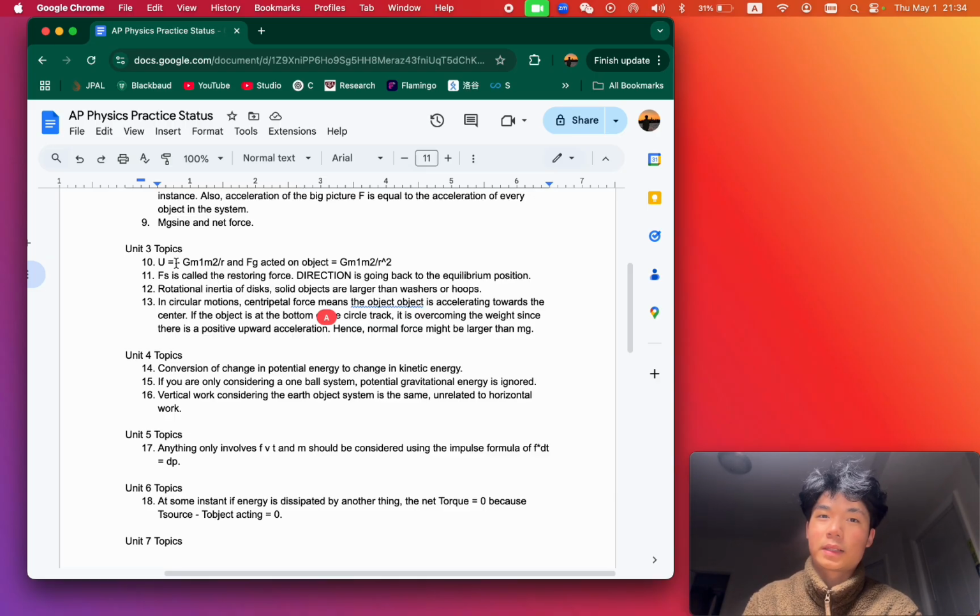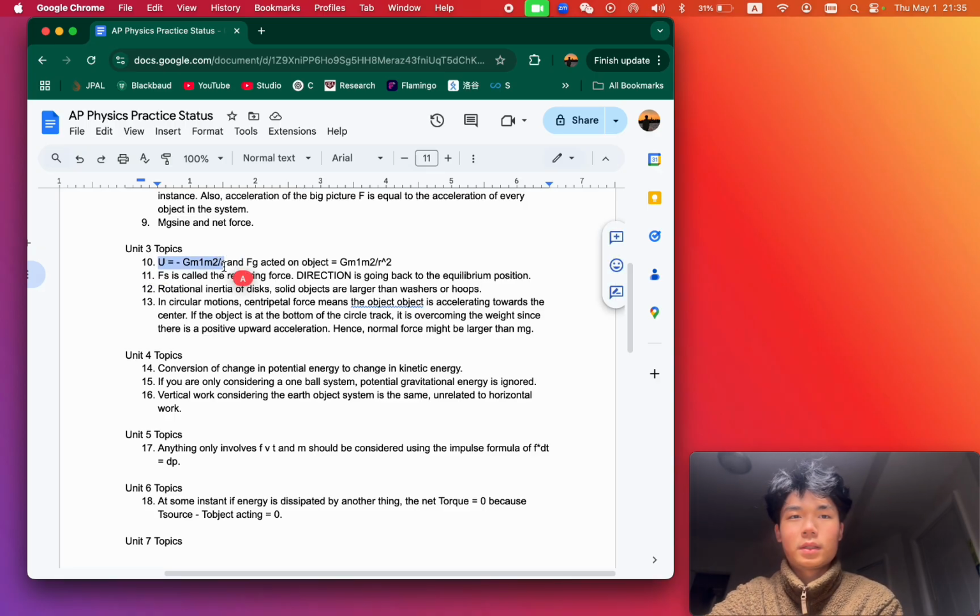If you want to calculate for different planets, the m is just the m of the object, and it cancels out with one of the m's on the right side, because one of them is the object and the other one is the planet. And this is how you calculate Fg. And for potential energy, you just want to know this. All right.